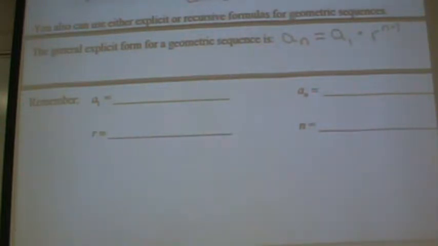Remember that these are notations for different things. So what was our a_1 value? What our first term was. a_1 was our first term in our sequence.